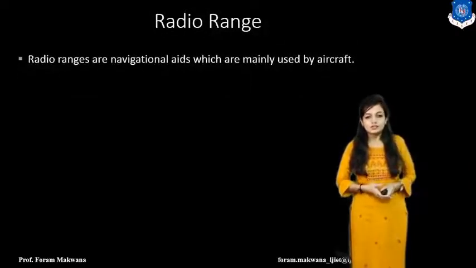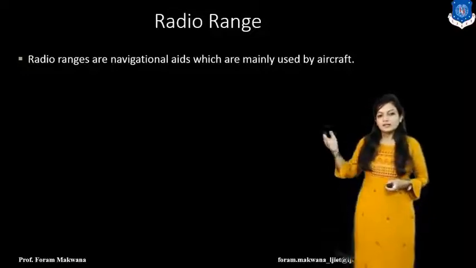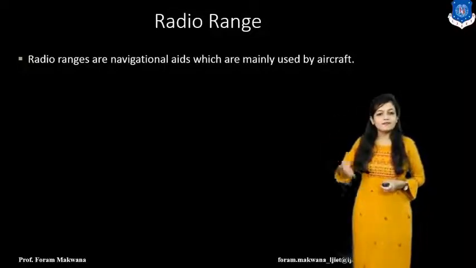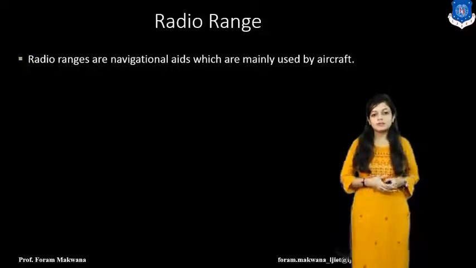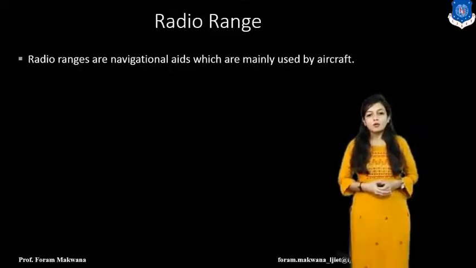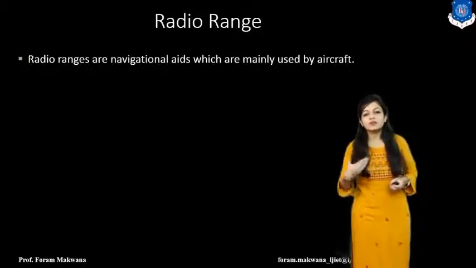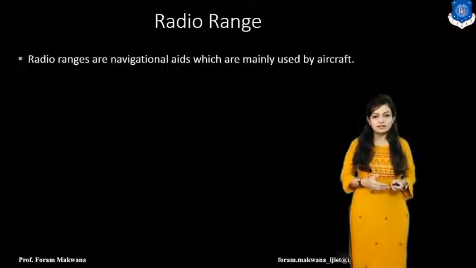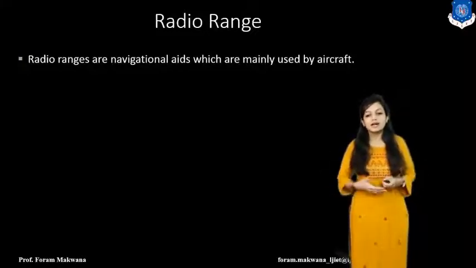So first of all, what is radio range? Radio ranges are navigational aids which are mainly used by aircraft. That means we are able to identify whether the aircraft is moving towards the radar or moving away from the radar, as well as the basic distance between the radar and the target.